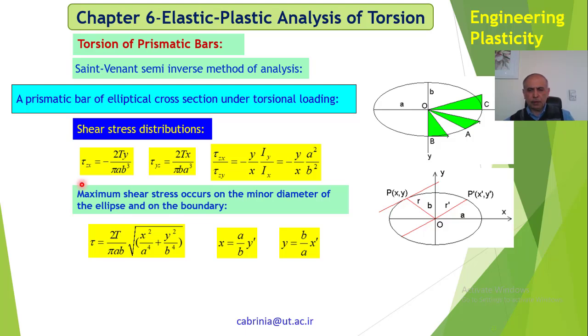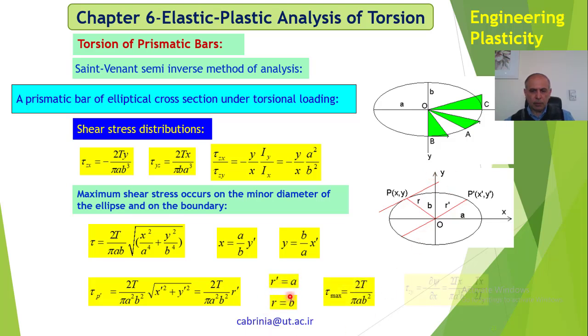That is the relation between P prime and P. And then tau P prime is equal to this, similar to that. It's just P prime and that's P. So if we have the relationship between X and Y, then we could write this relationship like that. R prime is A, R is B, then tau is max and is equal to that.